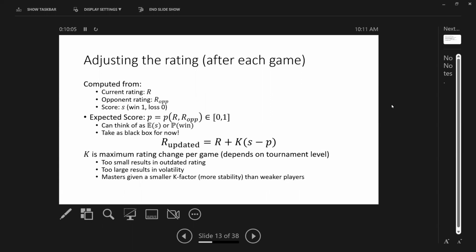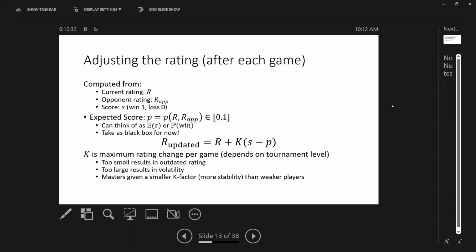If you take this k factor as too small, then if you're growing rapidly but not playing a lot of games, you could quickly become underrated, because each game can only change your rating by so much, while your true playing strength skyrockets. Conversely, if you choose the k factor to be too large, then your rating could really tank after a single tournament or even a single game, which is not good.